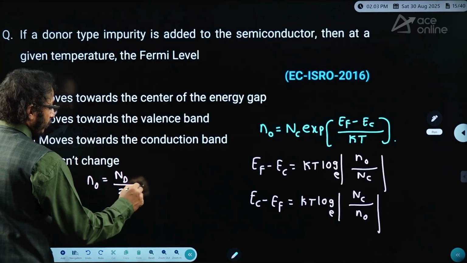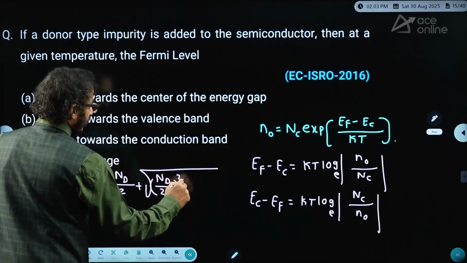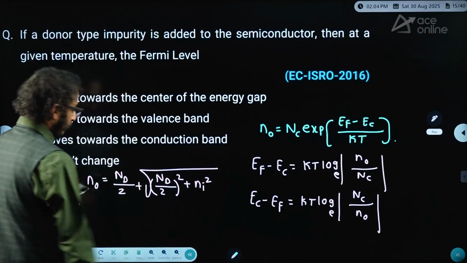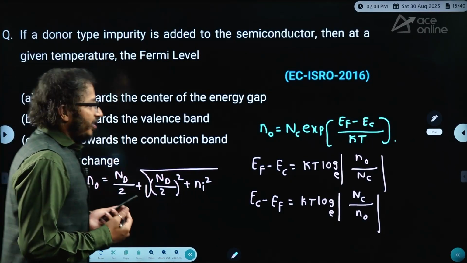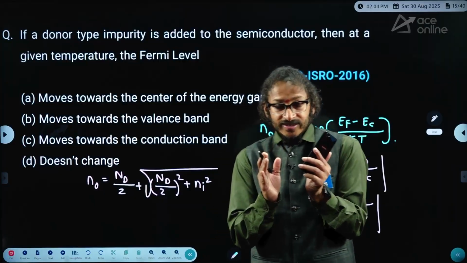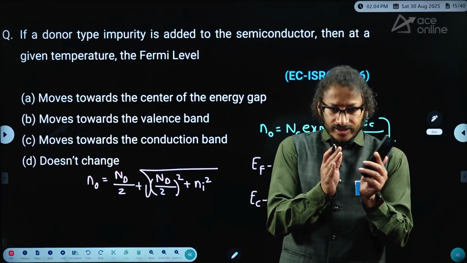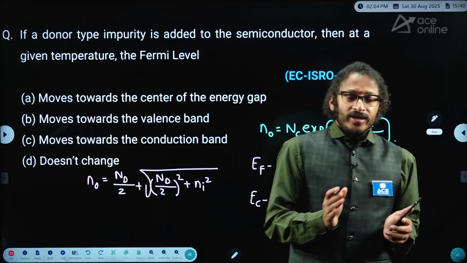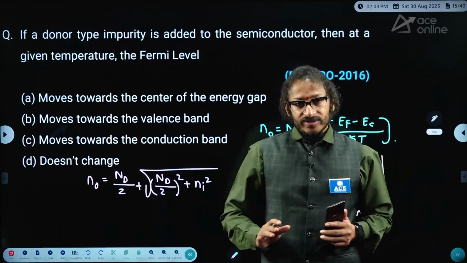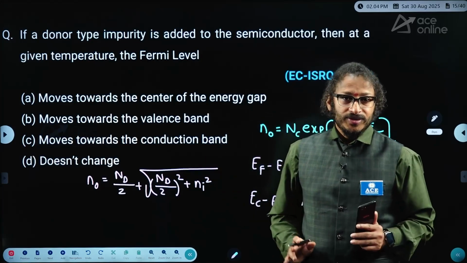n0 is N_D by 2 plus root of (N_D by 2) whole square plus n_i square. And if no condition is specified, commonly we operate at temperatures from 250 Kelvin to 350 or 400 Kelvin. Commonly in that range only, it is advisable to operate our electronic devices. Ideally, 300 Kelvin is most advisable, the so-called thermal equilibrium systems.